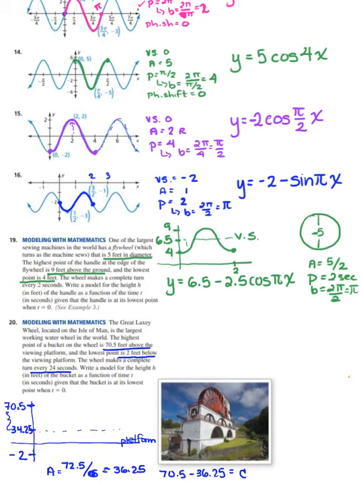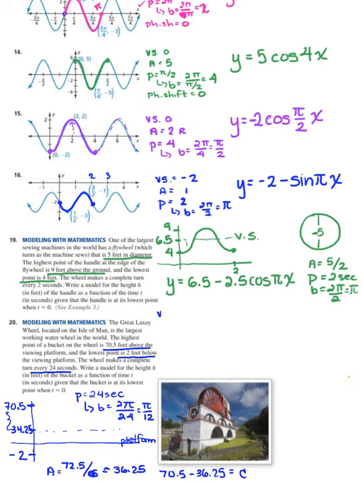Now, they told us that the period is 24 seconds. That means the B value is going to be 2 pi divided by those 24 seconds, or pi divided by 12.